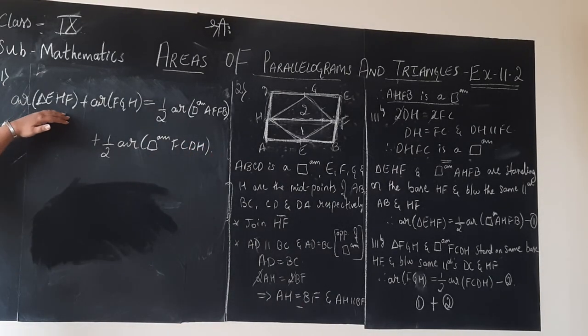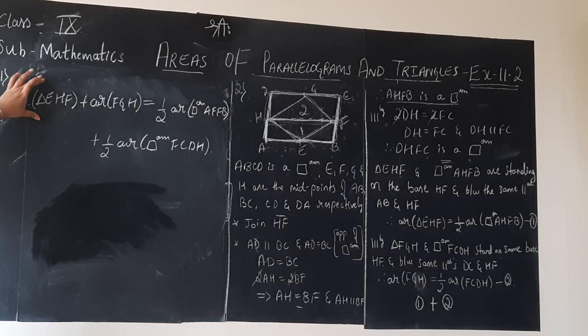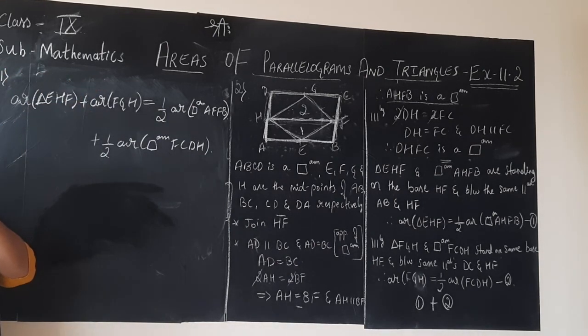Now on the LHS of this equation, we have area of triangle EHF plus area of triangle FGH.